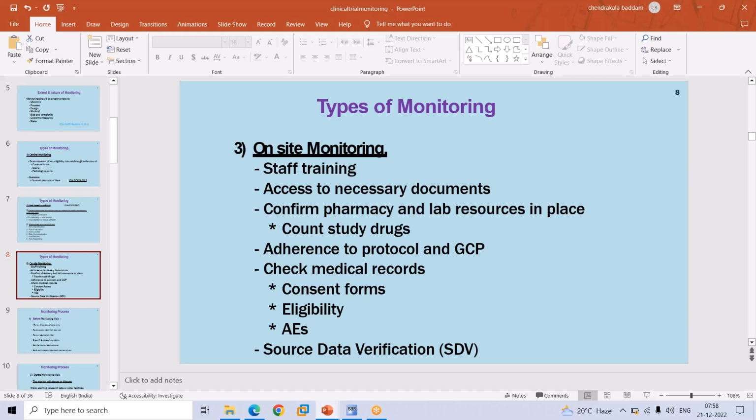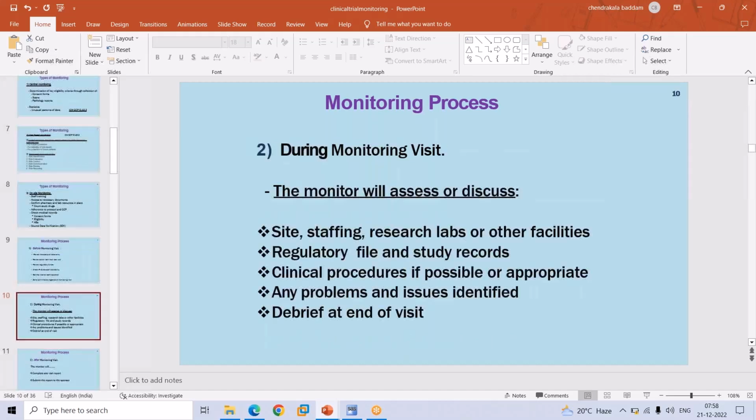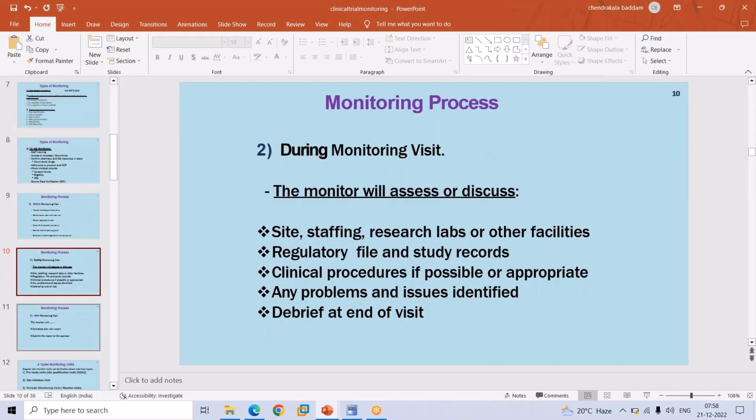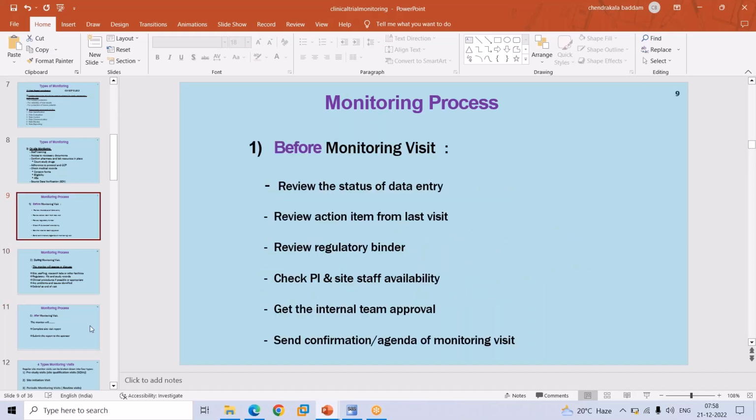That is on-site monitoring. At the site, they'll be checking all these. Before the monitoring visit, what do they check? During the monitoring visit, what do they check? After the monitoring visit, what do they check?